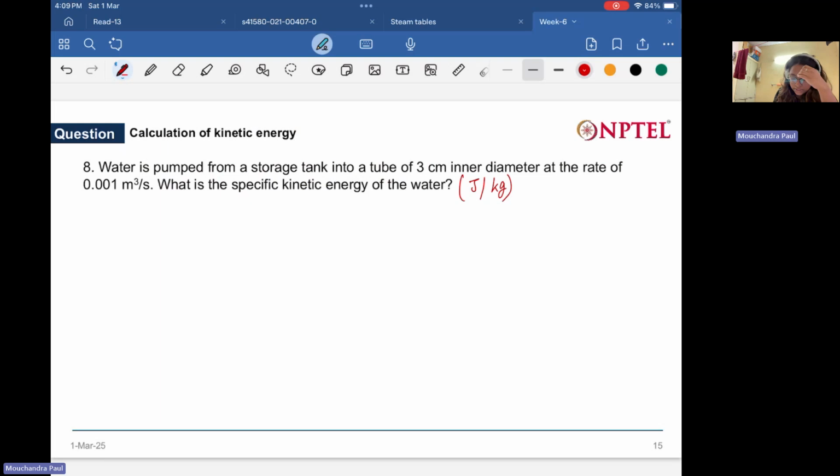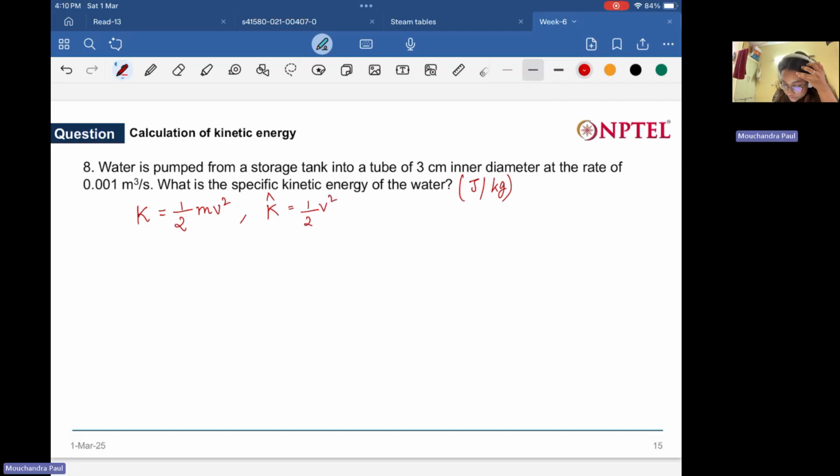So how shall we start? We know kinetic energy, K or EK, is half m V square, where V is the velocity. For specific kinetic energy we divide by mass, so it becomes half V square.